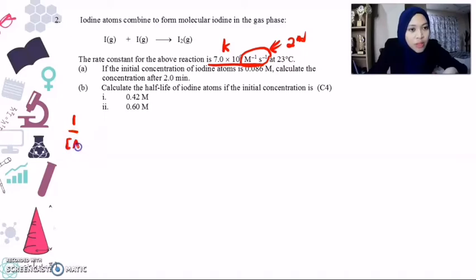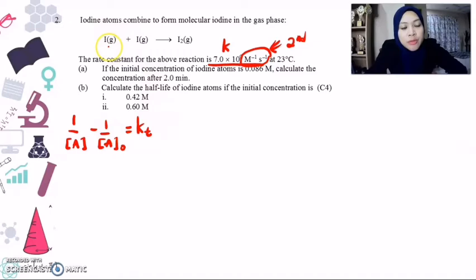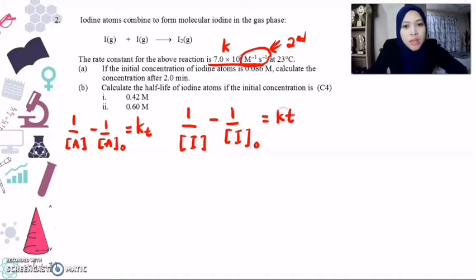The formula is 1 over A minus 1 over A naught equals kt. For concentration A, you have to substitute with the compound involved in the reaction. So this is 1 over I minus 1 over I naught equals kt.